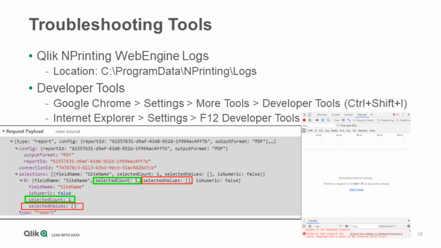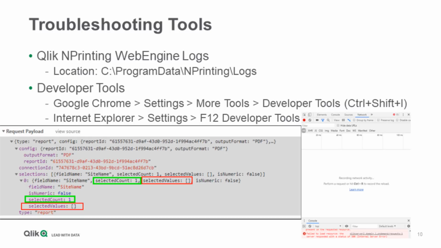If you look at the screen grabs below, this image was shown when there was a conflicting filter in the NPrinting filter versus the Qlik Sense filter. And as you can see here, there was an issue getting the output. You'll see a failed to load resource with a status of 500 internal server error.